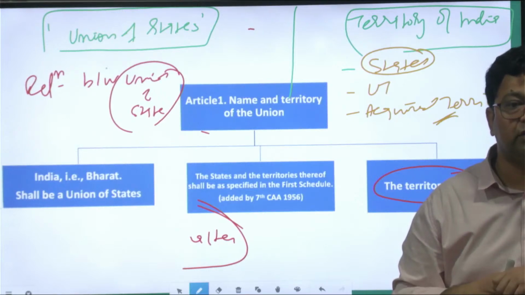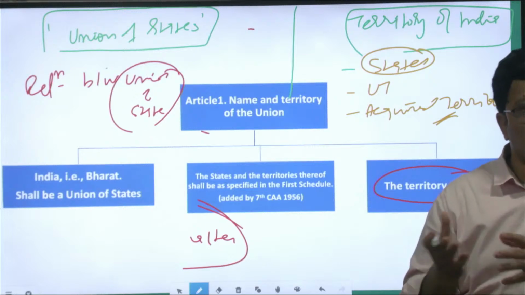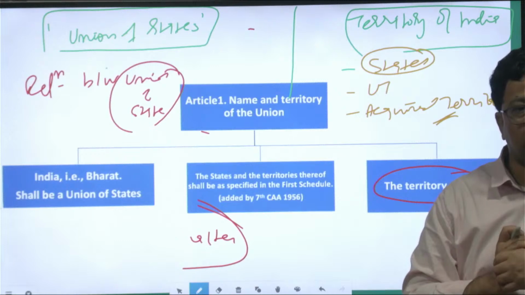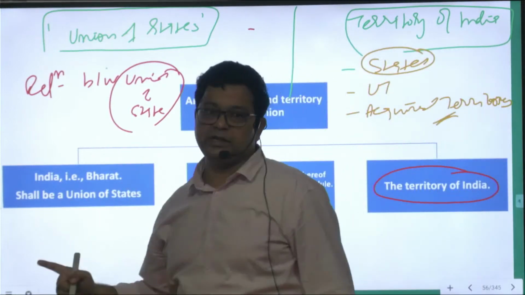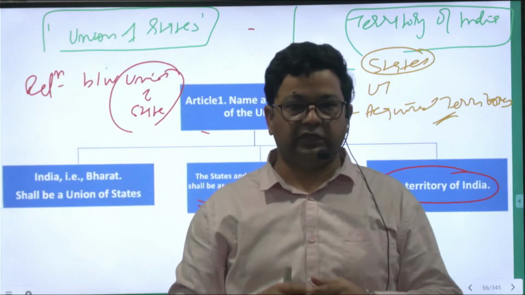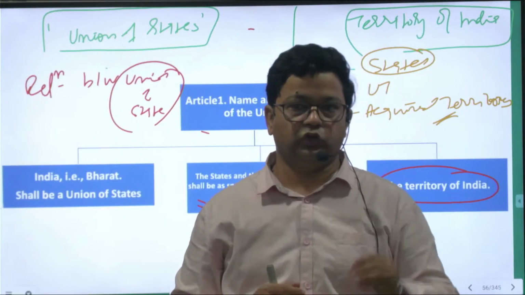Union of States. Why don't UTs come under the Union of States? Because they are not free, not independent; they are under the control of the Union. The Union of States always means we are talking about federal relations. Let's say I ask you, come join me, you will be given independence, so you join me.